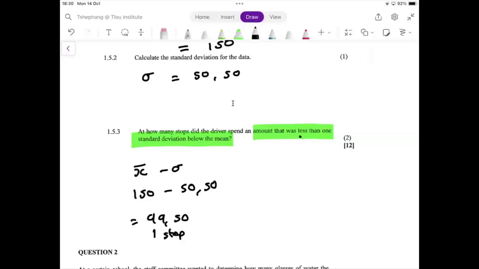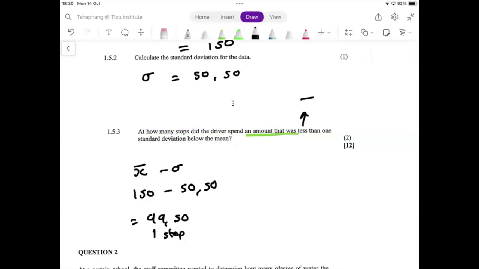So an amount that was less than, let's look at that part. Less means we need to subtract, isn't it? Let's break down the question. I think if we break it down, we'll be able to understand it. So less, we subtract.